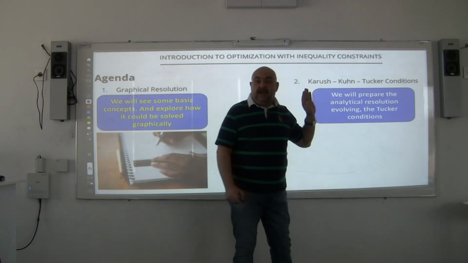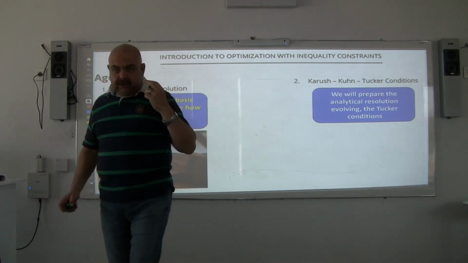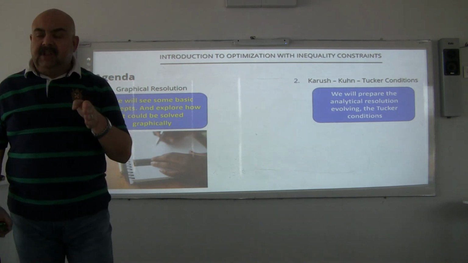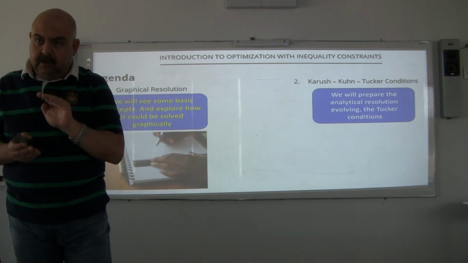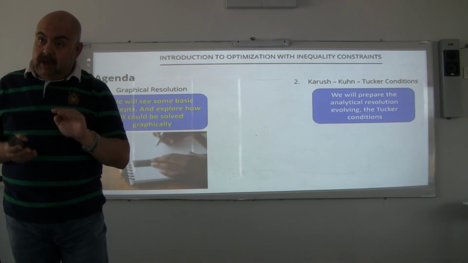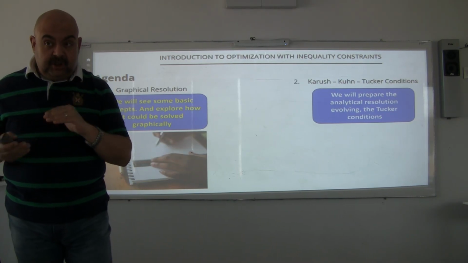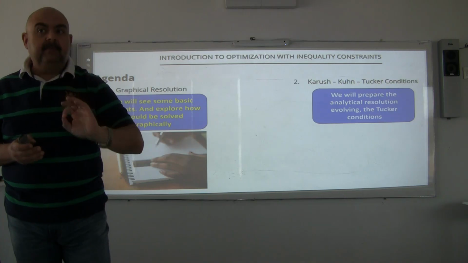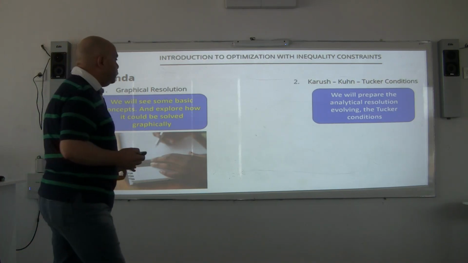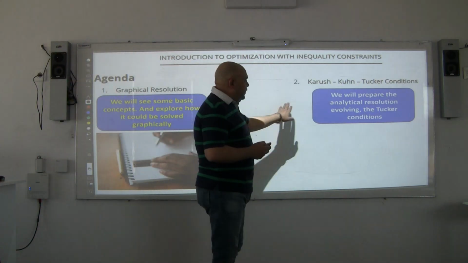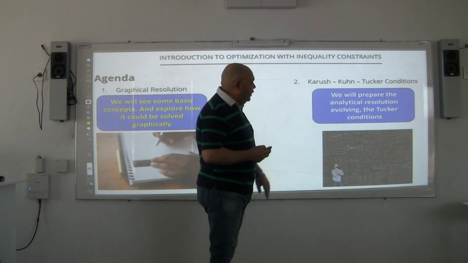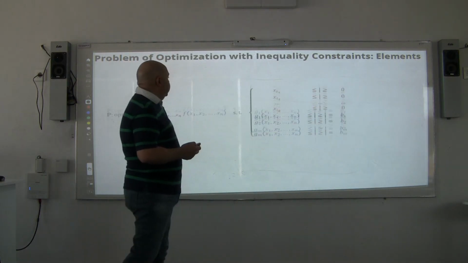The previous 2 lectures were mainly dedicated to this topic: how to get the Karush-Kuhn-Tucker conditions, how to solve these inequalities and equations together. So it's really very important to watch them. Okay? We will prepare the analytical resolution involving the Kuhn-Tucker conditions later.